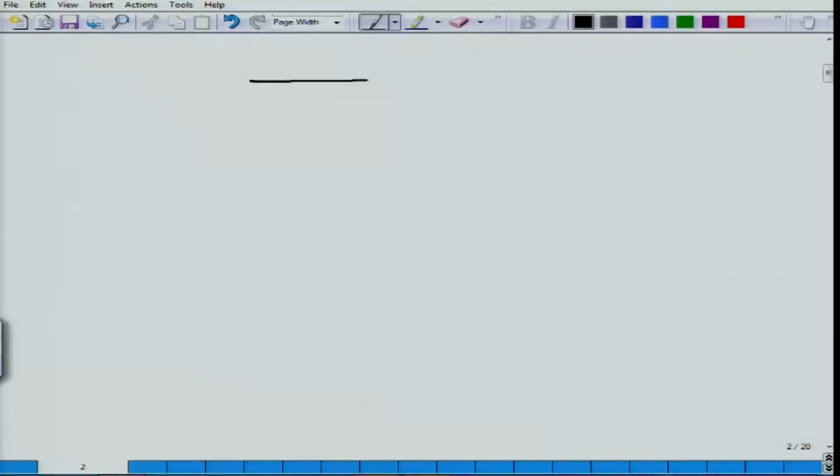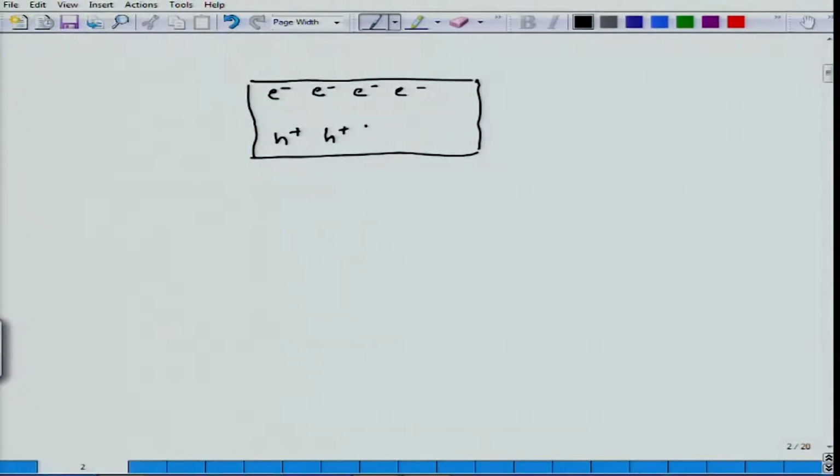With this introduction, let me first look at what is happening macroscopically in a semiconductor when we apply an electric field. If this is my semiconductor, as we just described, we have electrons in this semiconductor, and we also have holes. Electrons are in the conduction band as we know, and holes are the effective response of electrons in the valence band.